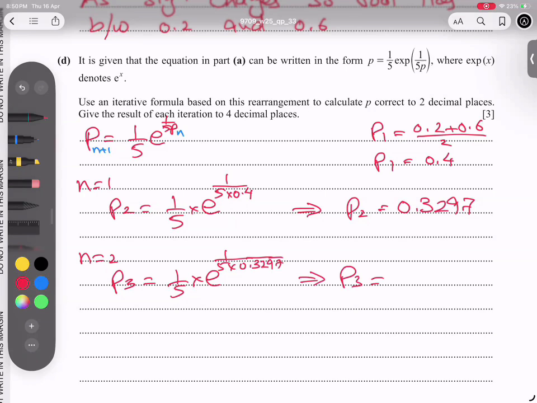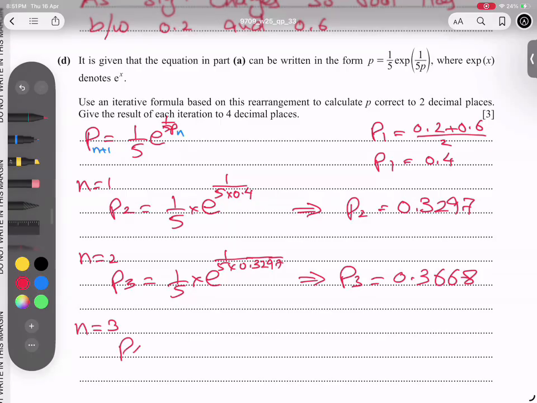One minute, please. I'm getting the answer, just a minute, I put 0.3297. My answer is 1 by 5 into, yes, correct. My answer is 0.3668. Now first I plugged in 1, 2, and now 3.